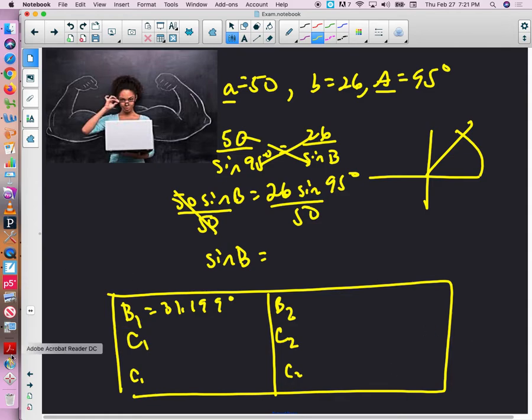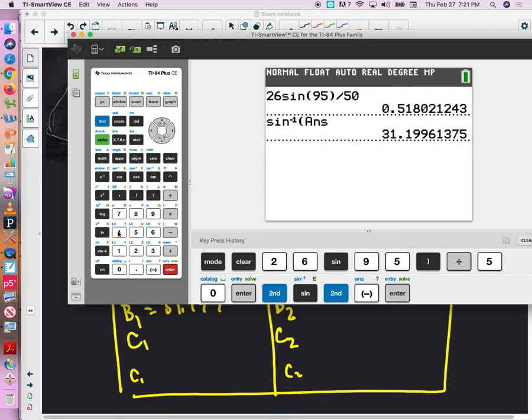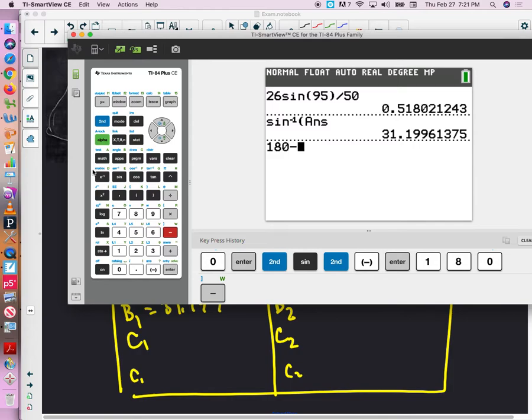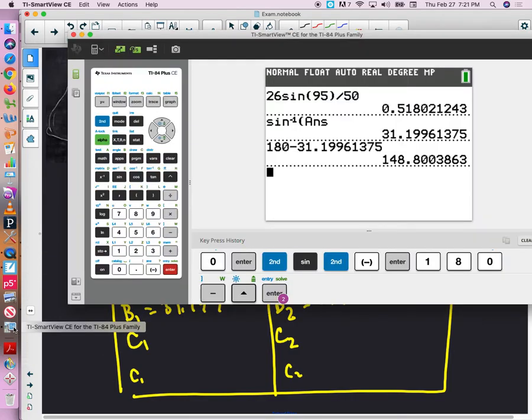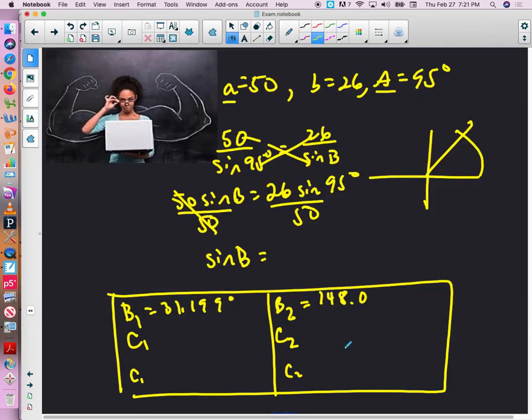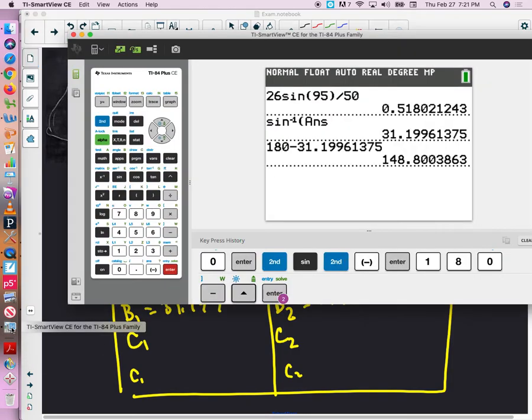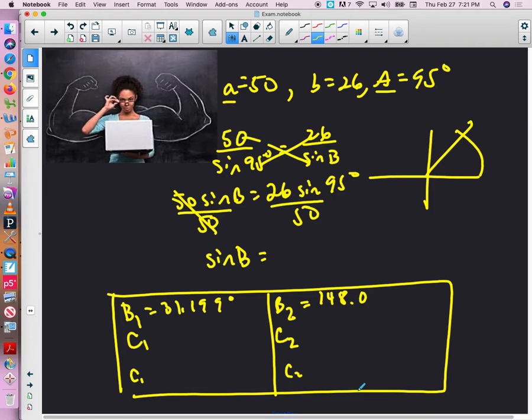Right away, to find the second triangle, you could subtract that number from 180, because there's also an option in the second quadrant. Let me grab that, enter, enter. So I get 148.800. So what happened is it could also be this angle over here.